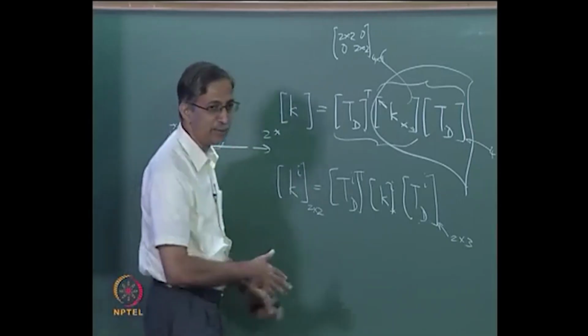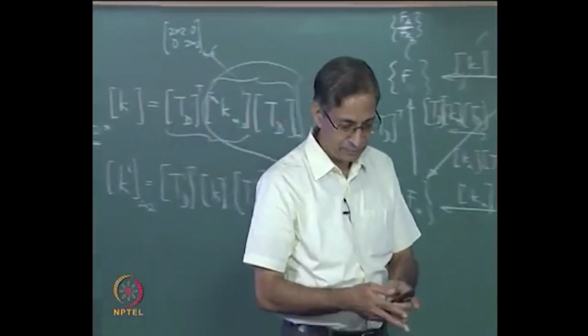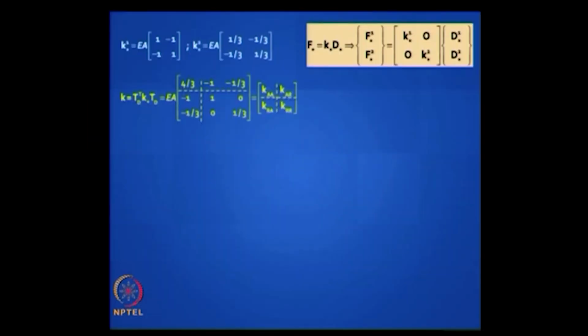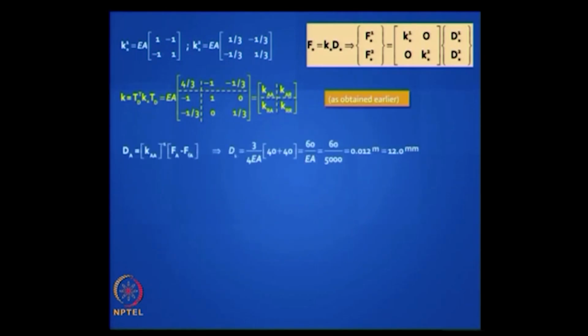So there are 2 ways you can do this calculation. You can do it this way and you will get the same answer that we got earlier, or you can do it for each element and add up the contributions, and you will get the same answer. Now you do exactly what you did earlier, so I can go fast.